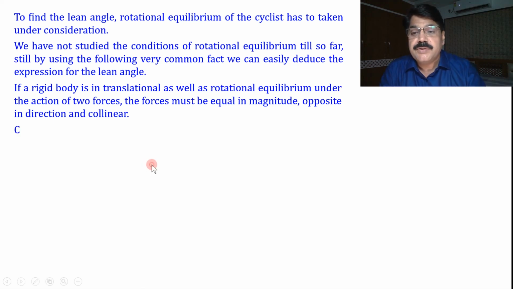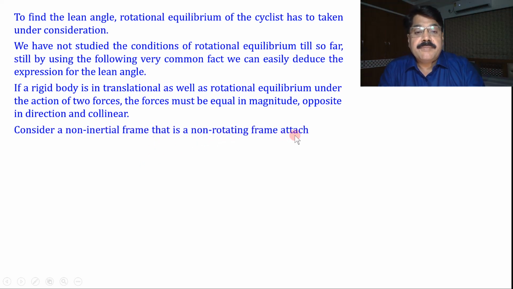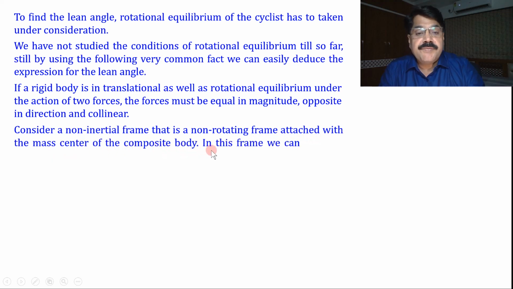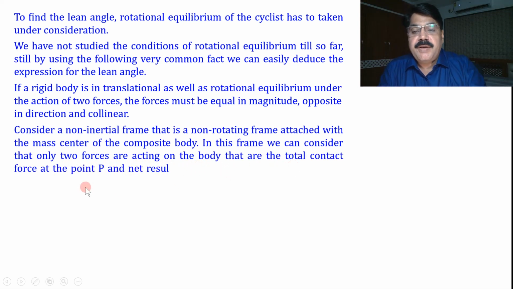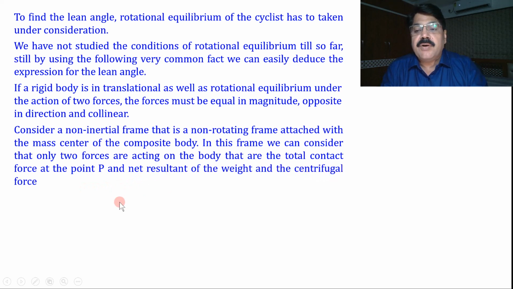How can we use this? Consider a non-inertial frame, that is a non-rotating frame attached with the mass center of the composite body. In this frame, we can consider that only two forces are acting on the body: the total contact force at the point of contact P and the net resultant of weight and the centrifugal force, as shown in the figure.